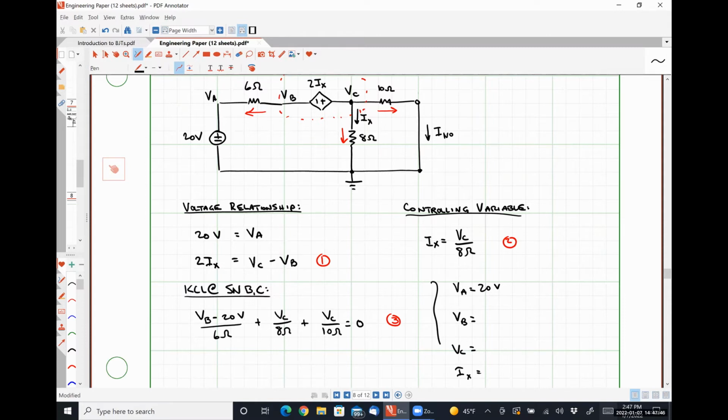And then I have 1/6 plus 1/8, excuse me, 1/8 plus 1/10. And then positive no IX, positive 20/6.